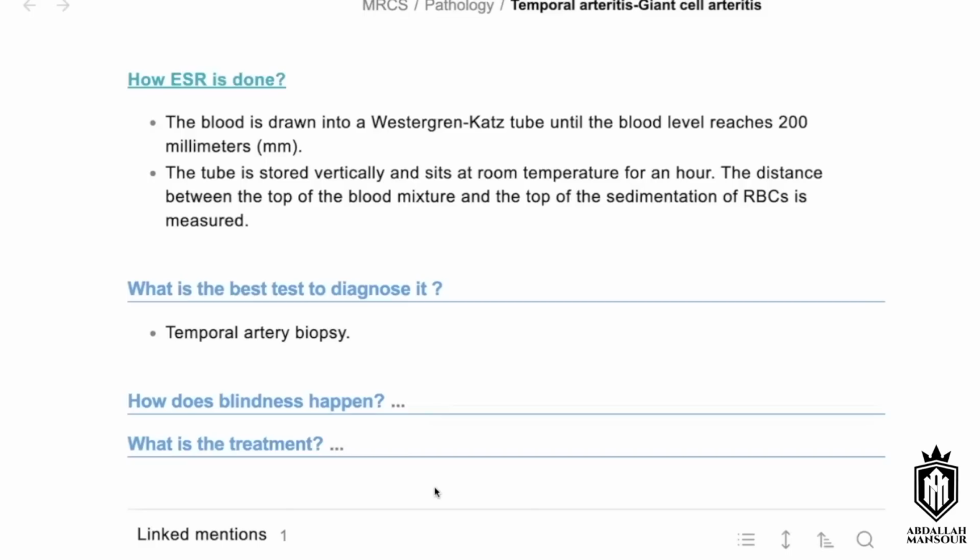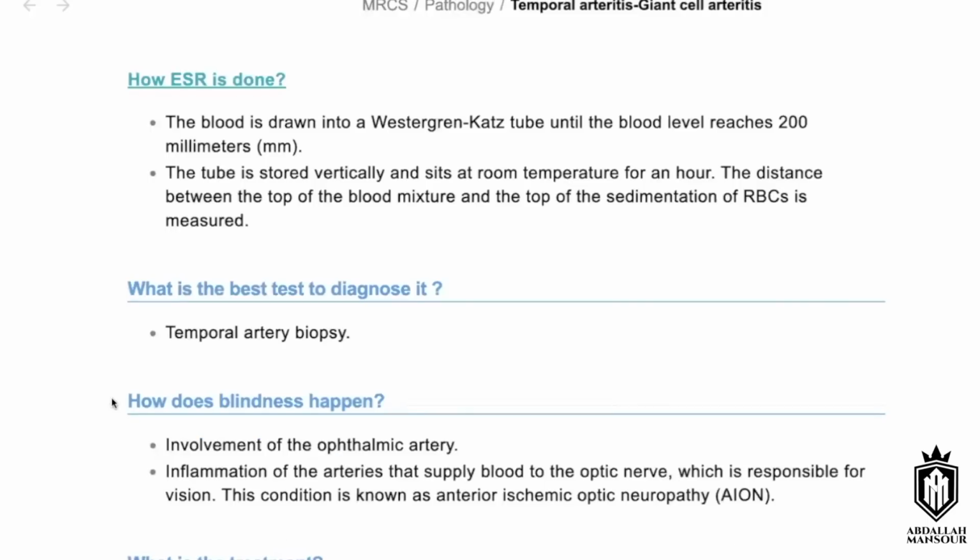I didn't get the answer. Are you able to say it again? It might be due to intimal hyperplasia of the ophthalmic artery causing occlusion of flow. Yeah. You want to be a little bit specific here, and specifically mention something called anterior ischemic optic neuropathy.